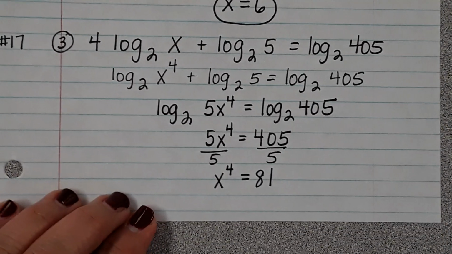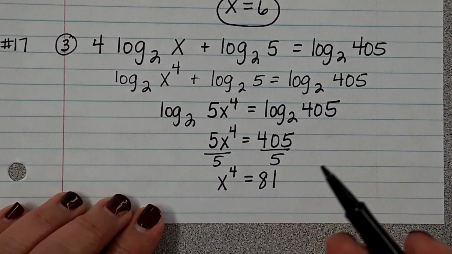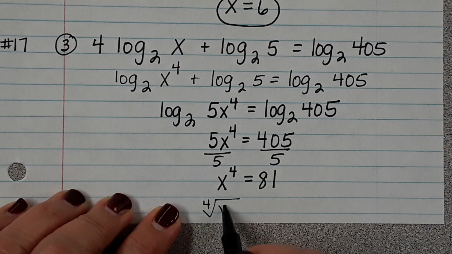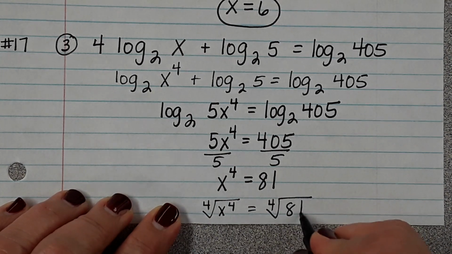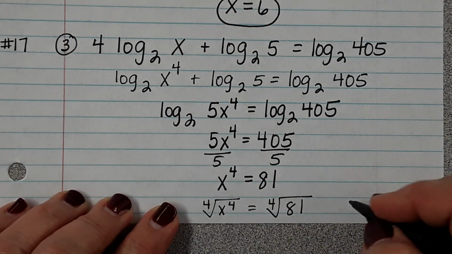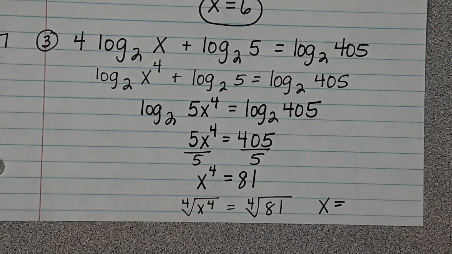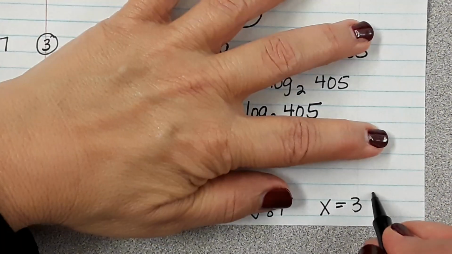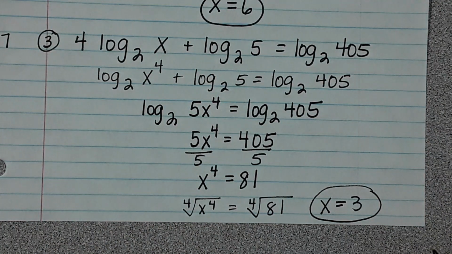Oops. Okay. And then how do you get rid of a 4th power? We're going to take the 4th root of both sides. The 4th root of x to the 4th is x, and the 4th root of 81 is? And there's your answer. What questions do you have?